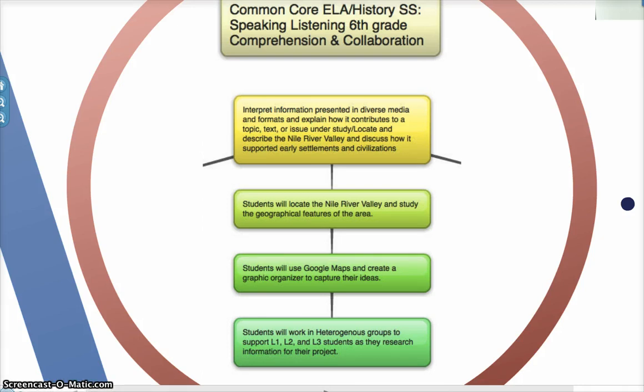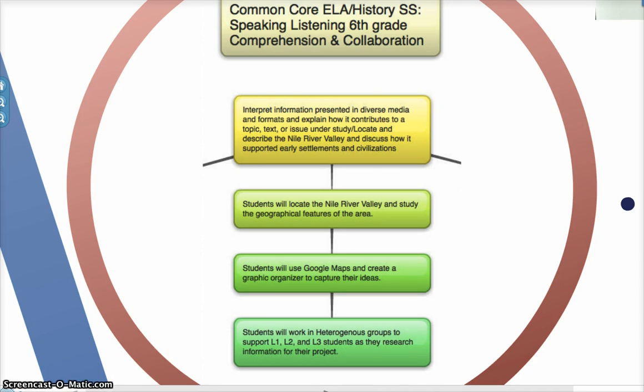So we're going to unpack this standard, and one of the elements that the students need to do is locate the Nile River Valley and study the geographical features of the area. Next, they're going to use Google Maps and create a graphic organizer to capture their ideas. So those are the tools that we're using and the strategies. Finally, how will I differentiate?